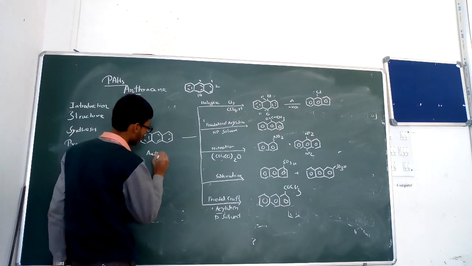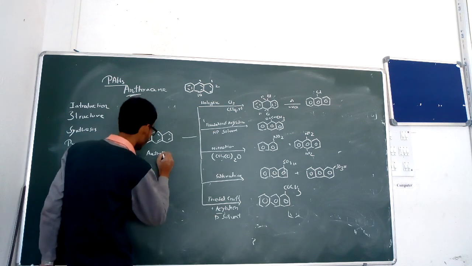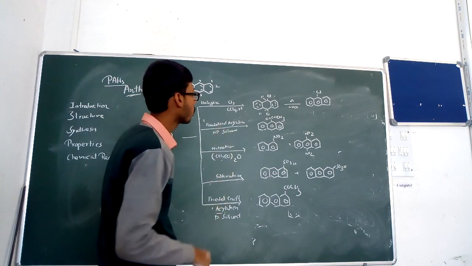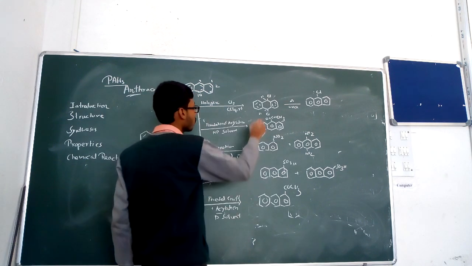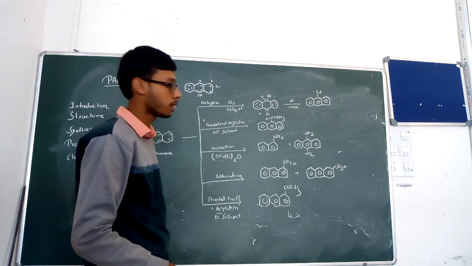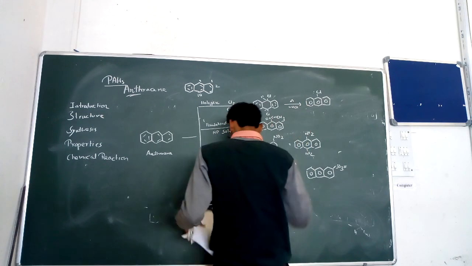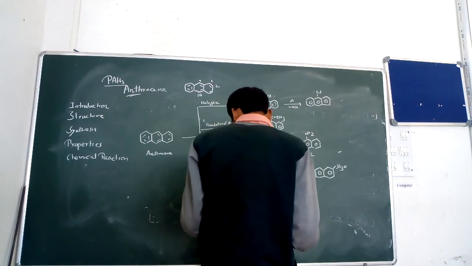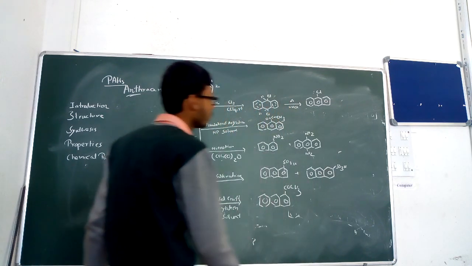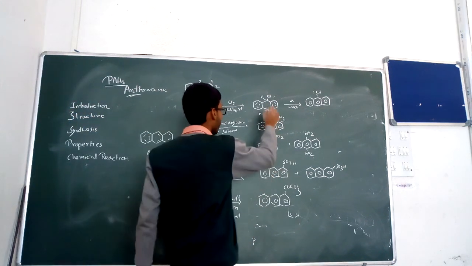Chlorination is carried out in carbon tetrachloride solvent at room temperature. It first forms 9,10-dichloro-9,10-dihydroanthracene, and when heated it forms 9-chloroanthracene. The attack is at the 9 position.